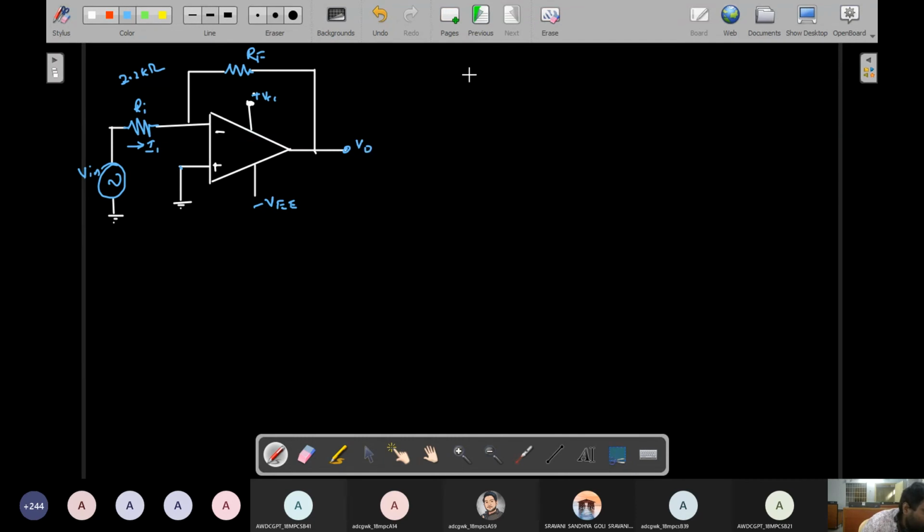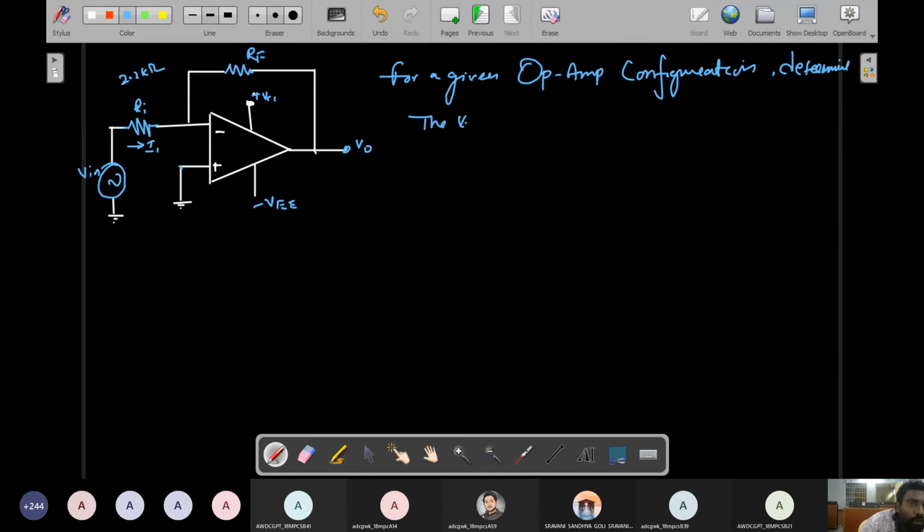So the problem is, for a given op-amp configuration, determine the value of RF. RF means feedback resistor.